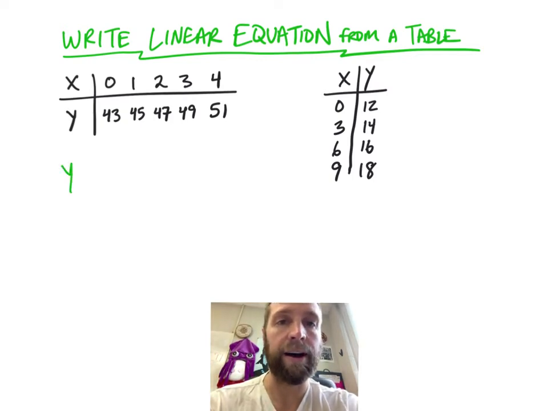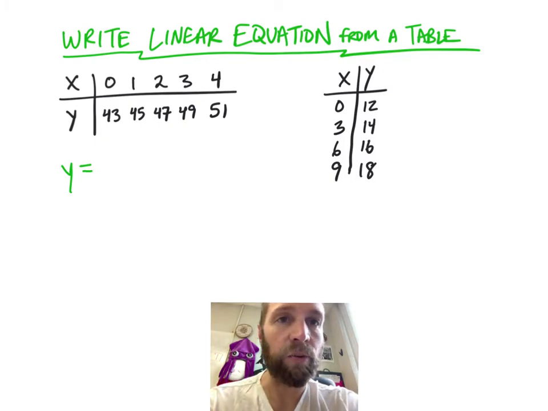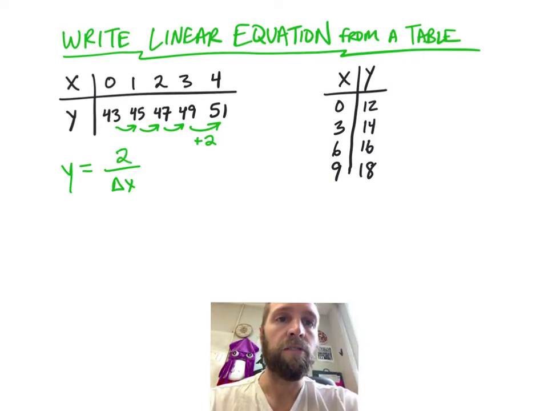All right, y equals. Can we find the slope? That is the change in y over the change in x. So it's going up, change in y is positive 2. Go ahead and put in a positive 2 over our change in x.